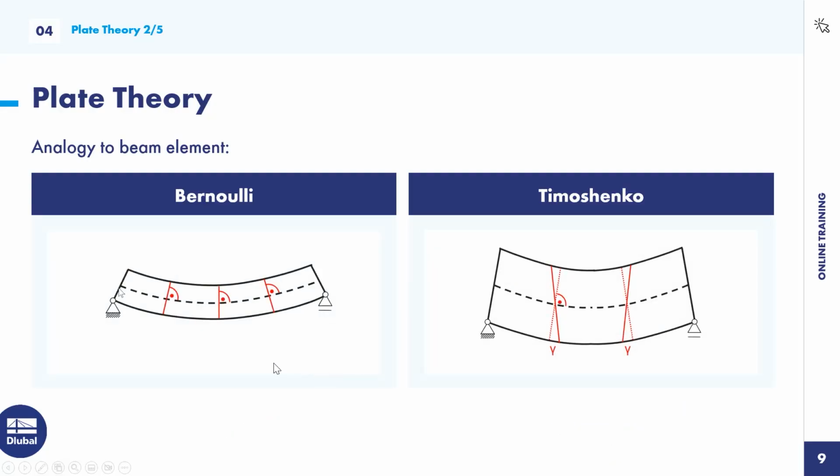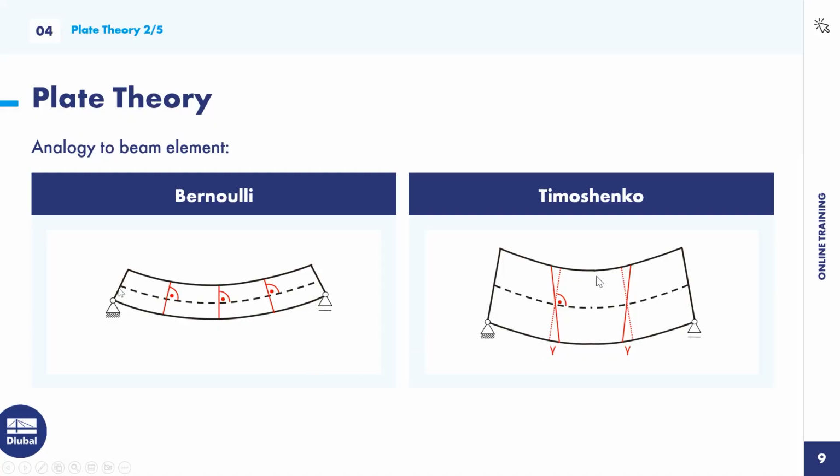And here is what I said with this perpendicular-to-its-axis geometry. For the Bernoulli beam, the cross-section will stay perpendicular. But with the shear deformation in the Timoshenko beam, it will now deform by this shear angle. So that's the main difference.